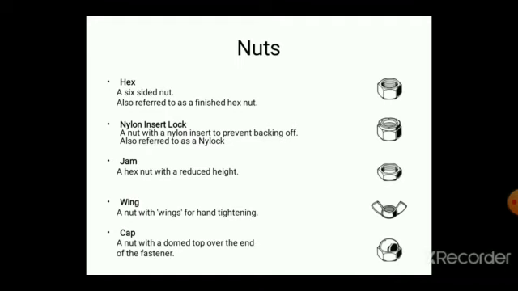Then jam nuts are there, which have a smaller height and some curved shape on top, so they lock by themselves. Then wing nuts are there.